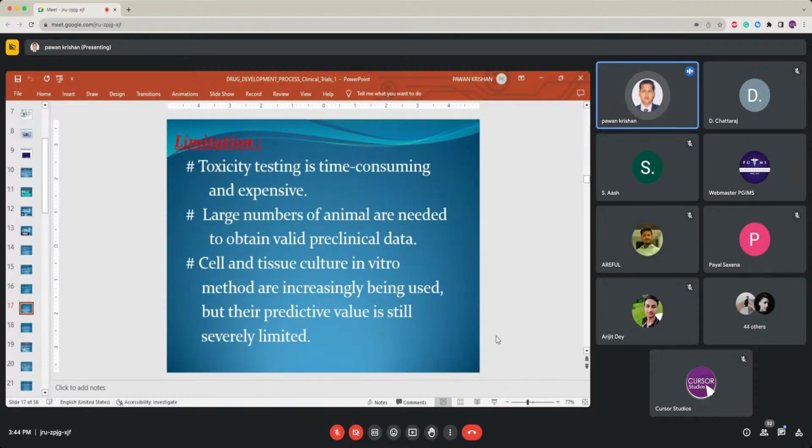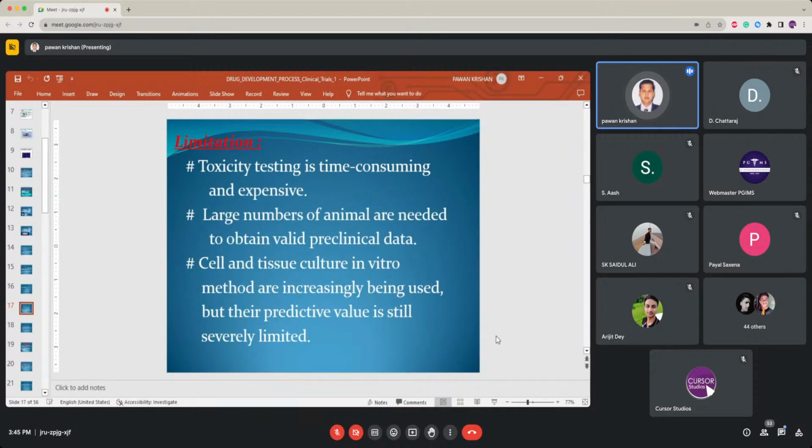Now, some limitations of the preclinical studies include: toxicity testing is a time-consuming and expensive process. As I discussed, it takes many years. Then, a large number of animals are required to obtain valid preclinical data.